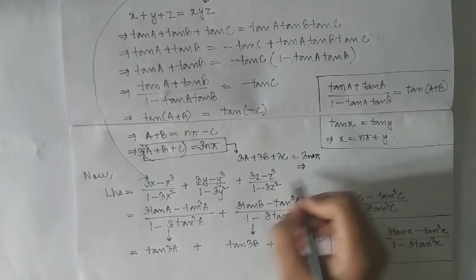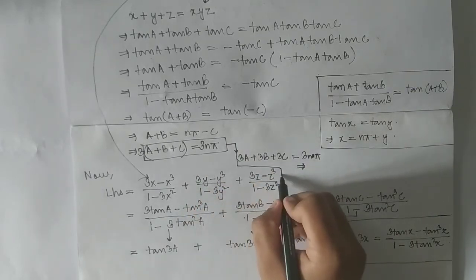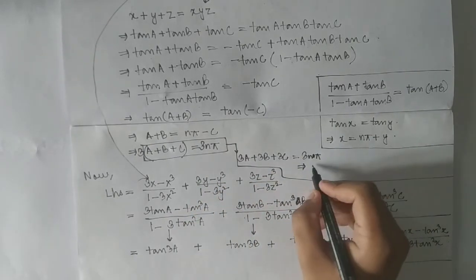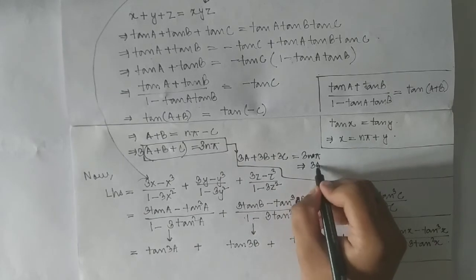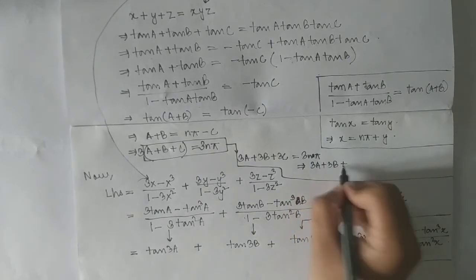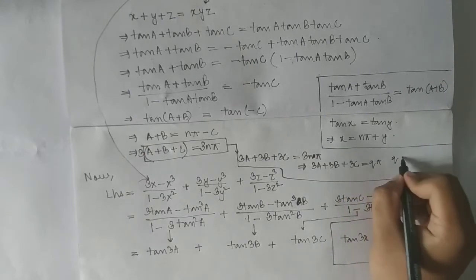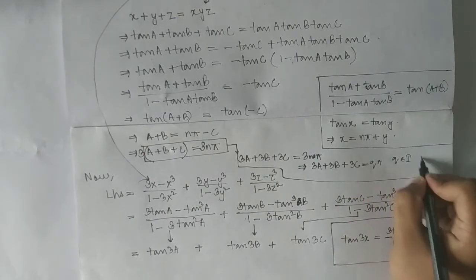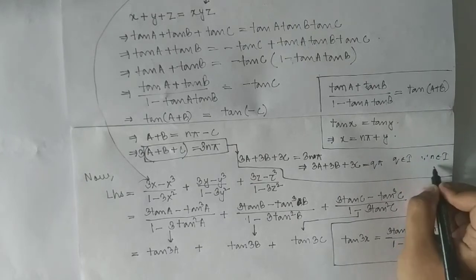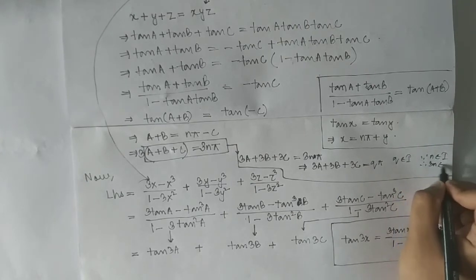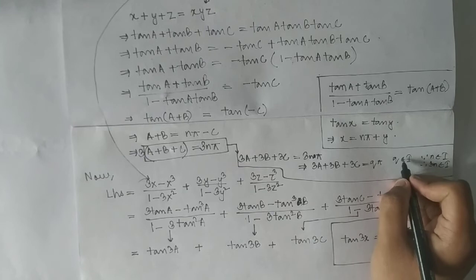So this implies now I can write 3A plus 3B plus 3C is equal to q pi, where q belongs to integers. Since n belongs to integers, therefore 3n also belongs to integers, and hence q will also belong to integers.